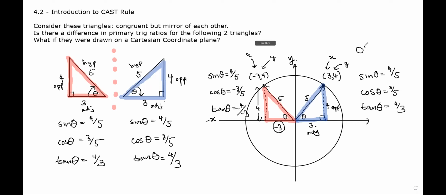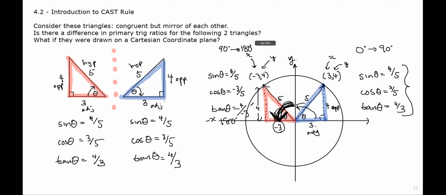So for angles between 0 degrees and 90 degrees, which is the first quadrant, all the ratios are going to be positive. But as soon as we pass 90 degrees, from 90 degrees to 180, right here, I'll draw it as a thicker arrow.